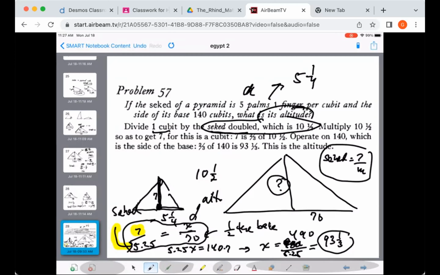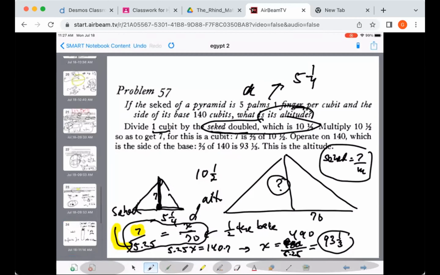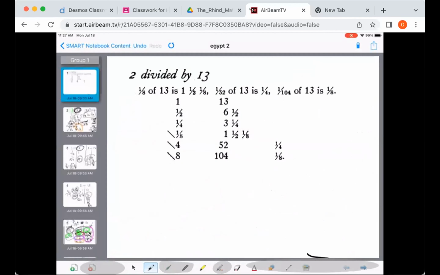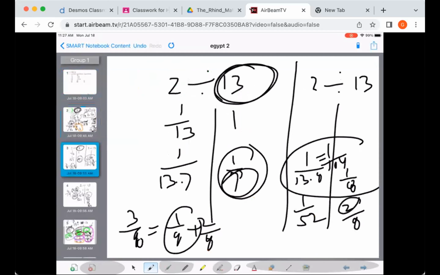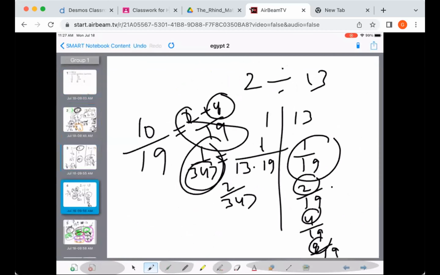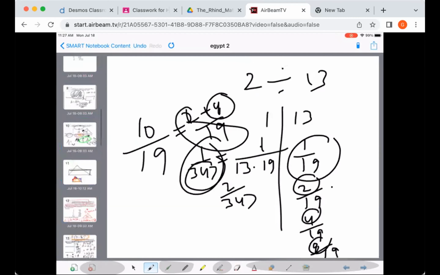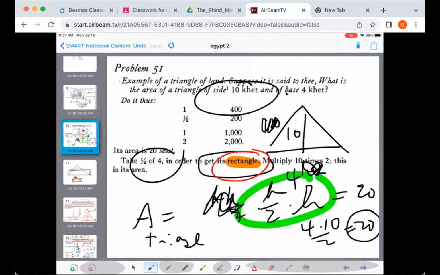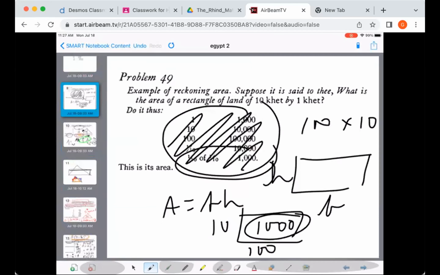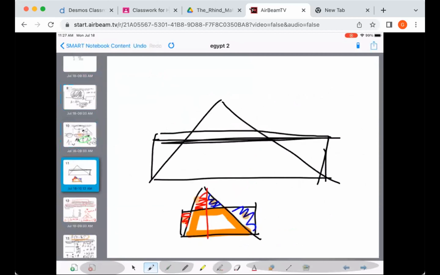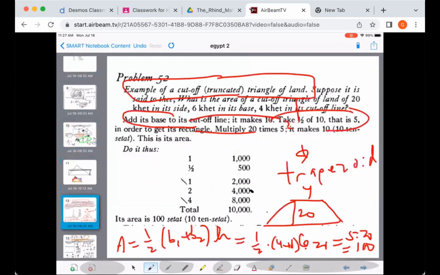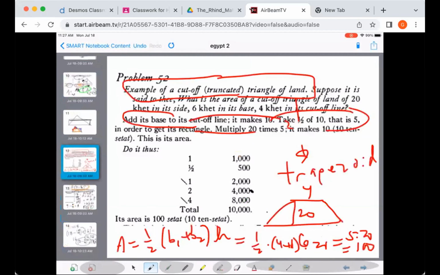So what we've done today so far, we reviewed a question about division, and it got really hairy. You remember that one? That was difficult. Then we switched over to the various geometry that they had: area of a rectangle, area of a triangle, area of a frustum, area of a circle.